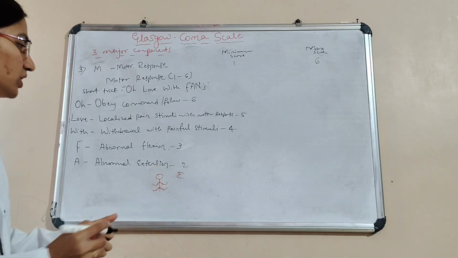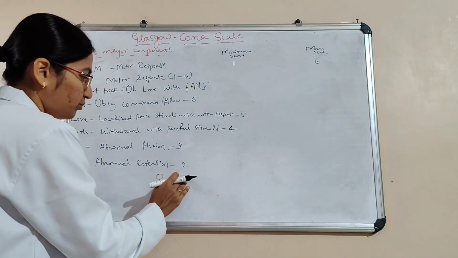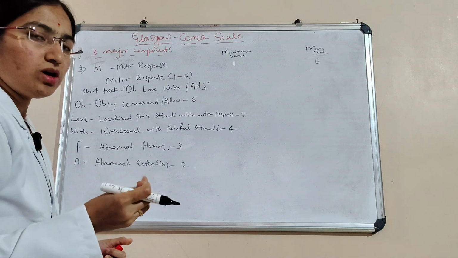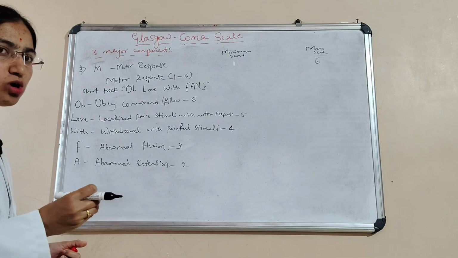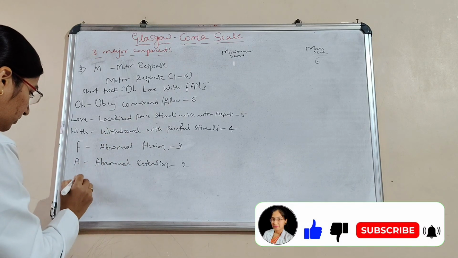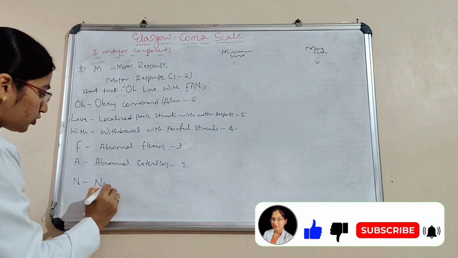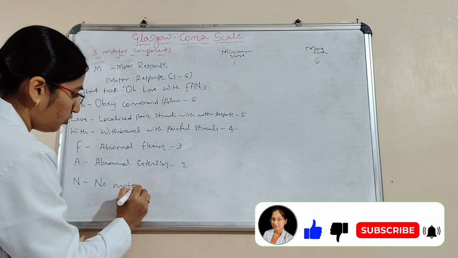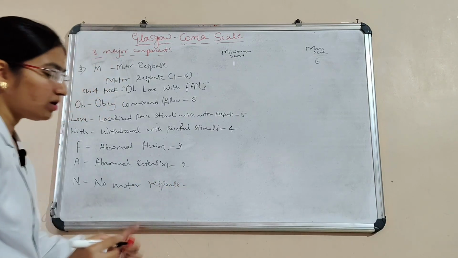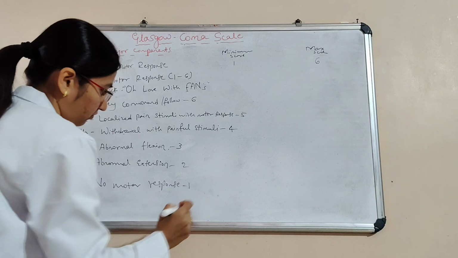Here abnormal extension is due to the postural problem, that is related to the midbrain, medulla oblongata and pons. And then that N stands for no motor response. No motor response, and then we can give the minimum score, that is 1.